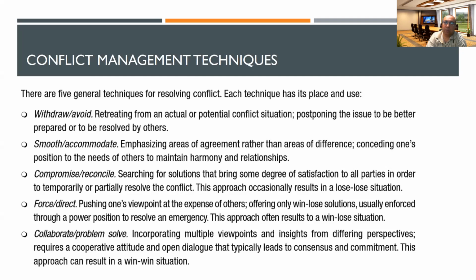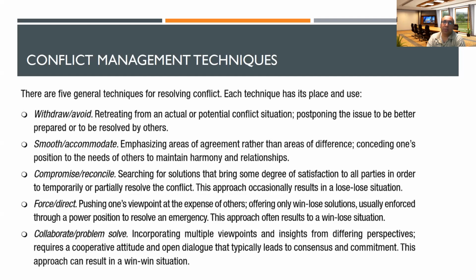So that is one way. Or you set up another committee. Okay, I'm going to have somebody else look into this. That way you postpone the issue, or maybe you're not sure about the conflict. You can't really say who is right, who is wrong. So you're basically avoiding it. You want to be more prepared to discuss the issue later on. So that is withdraw or avoid.